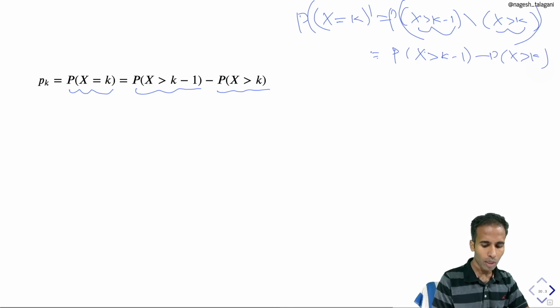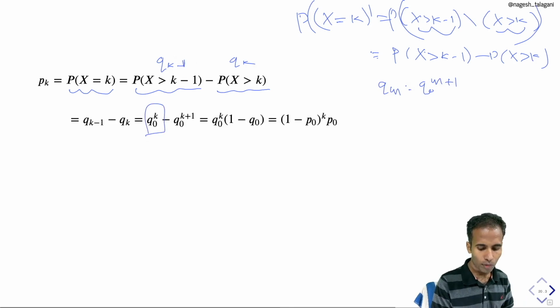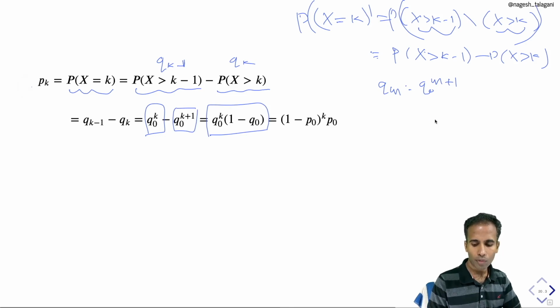Okay, so now in terms of Q(m), this is going to be Q(k-1), this is going to be Q(k), and also we know that Q(m) equals Q naught to the power of m plus 1. So in terms of Q naught, this Q(k-1) we can write as Q naught to the power of k, and this Q(k) we can write as Q naught to the power of k plus 1. If you take Q naught to the power of k common, then you will be left with this. So P(k) is going to be equal to Q naught to the power of k times 1 minus Q naught, and also we know that Q naught equals 1 minus P naught.